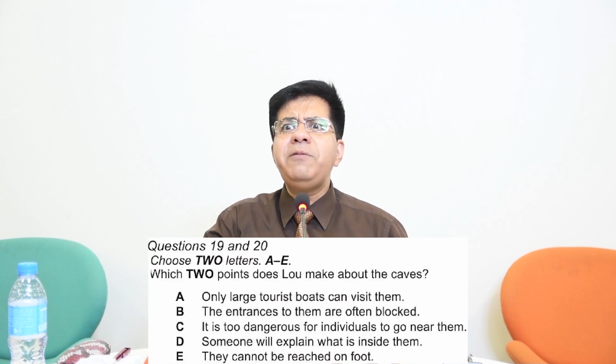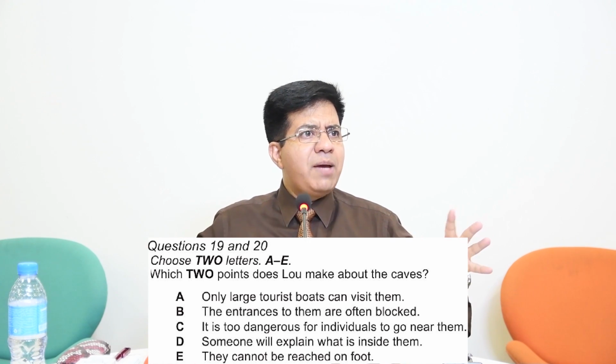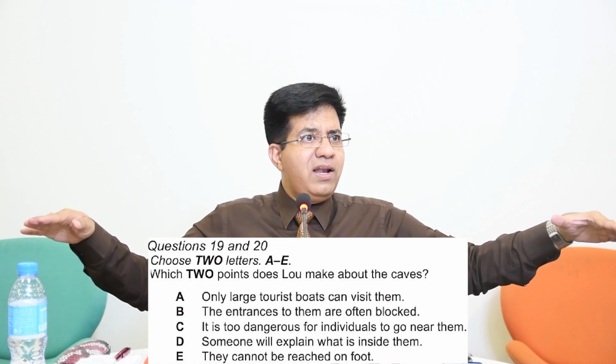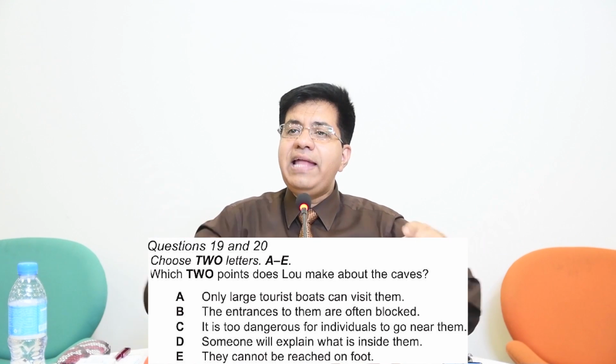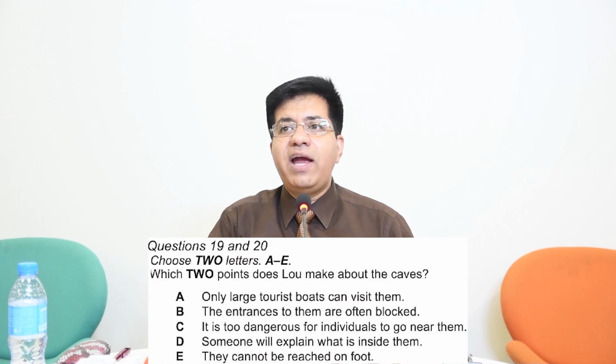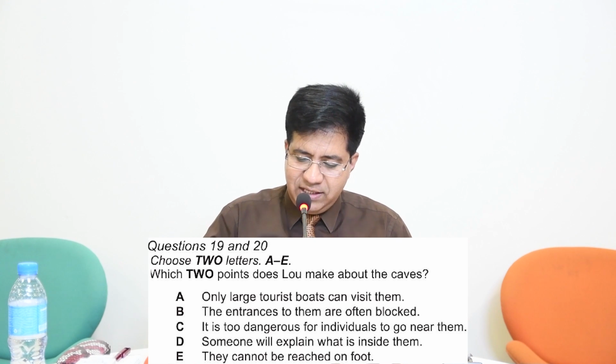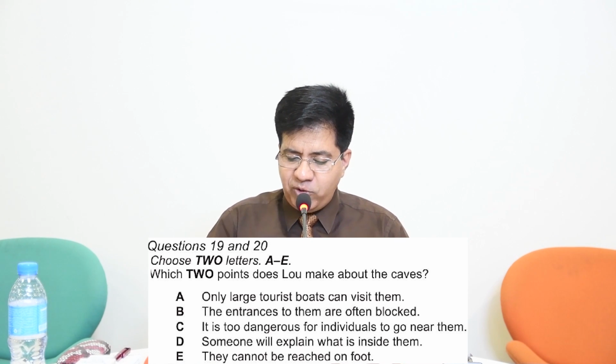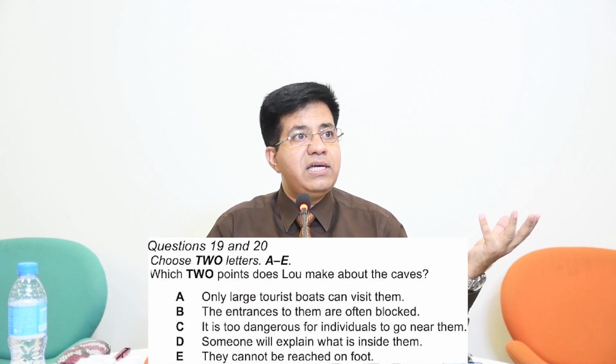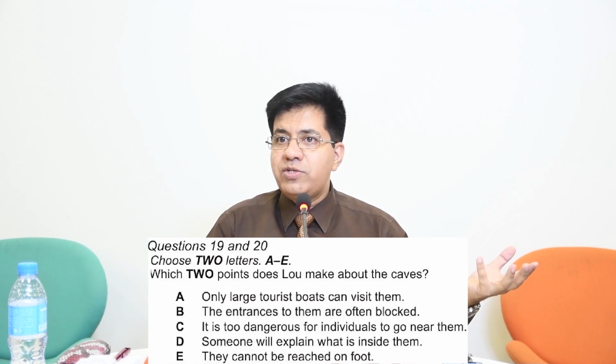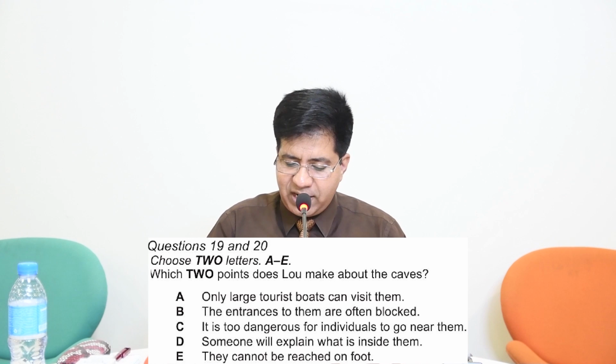Sometimes you see there is a long boat, and one person is rowing that only. That is what they call kayak. So they said only large boats can visit them. No, kayak is a small boat that can go there. So A is not the right answer.